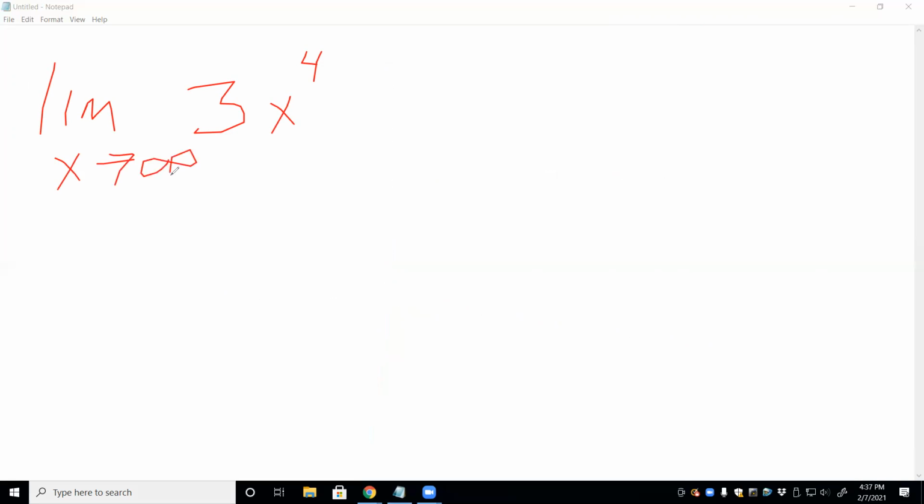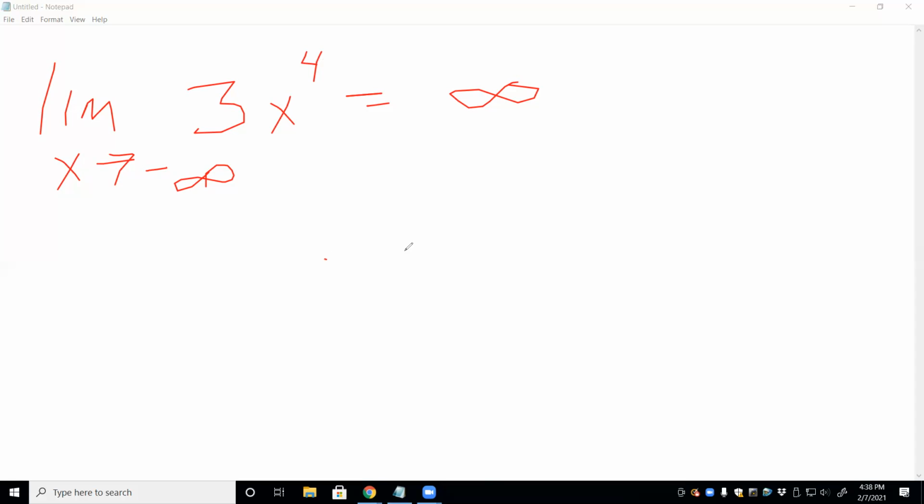Obviously, infinity. In other words, infinity to the 4th power is still infinity, and infinity to the 4th power times 3 is still infinity. Okay. So now, here. If I'm approaching negative infinity, then this exponent matters. In other words, if I change this, the answer is still infinity, because negative infinity to the 4th power becomes positive infinity.